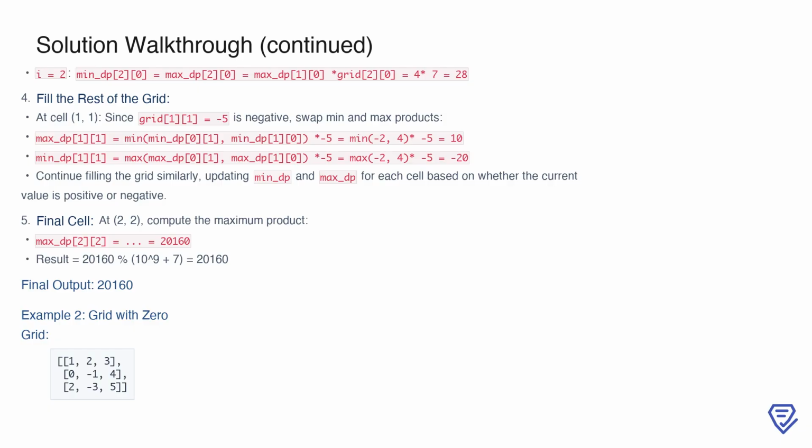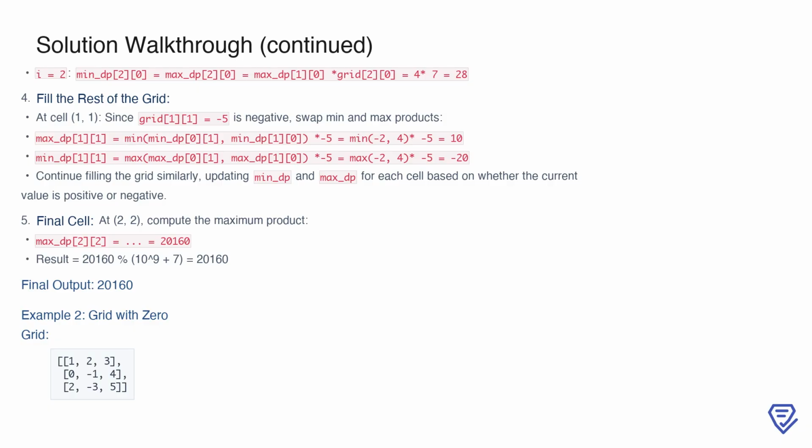Now, we move on to filling the rest of the grid. At cell 1, 1, the value is -5, which is negative, so we swap the roles of minimum and maximum products. The maximum product at this cell is calculated as the smaller of min_dp[0][1] and min_dp[1][0], multiplied by -5, which gives 10. The minimum product is calculated as the larger of max_dp[0][1] and max_dp[1][0], multiplied by -5, which results in -20.